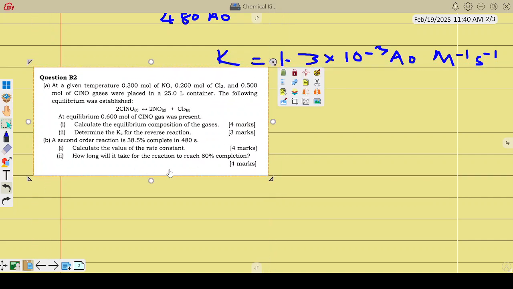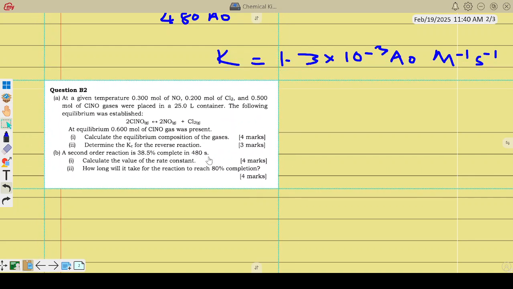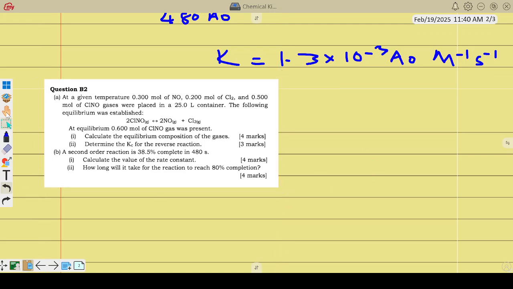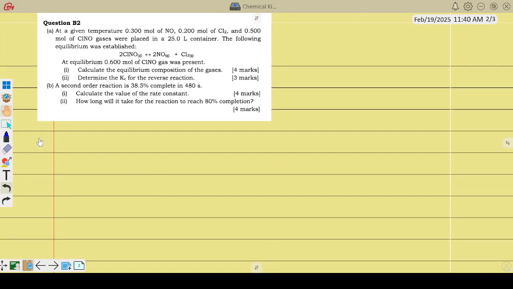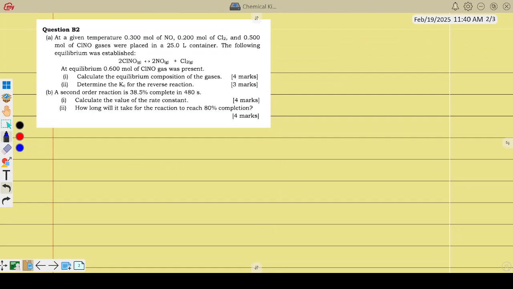So how long will it take for the reaction to reach 80% completion? Okay, so what will be the time taken for it to reach 80% completion? So here you have to remember the equation. So this is equal to kt plus 1 over a naught.